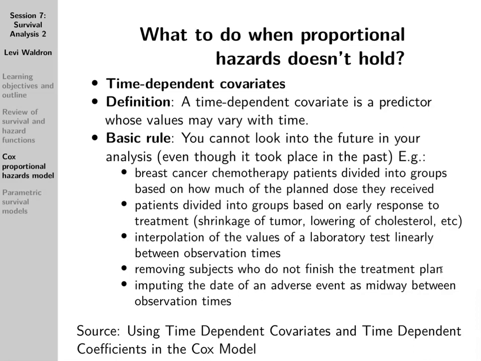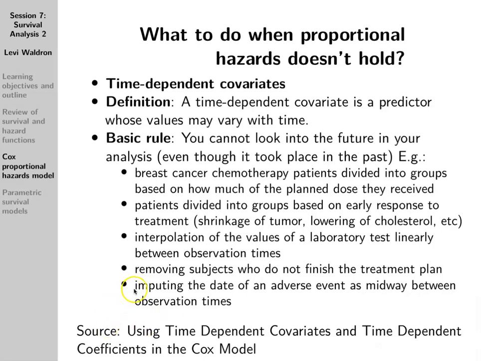There are all kinds of potential problems with that, such as if they didn't finish the treatment plan because they were at worse health, or just the fact that they finished the treatment plan means that they're guaranteed to have survived that long. That's called a mortal time bias, which I'll define in a later slide.